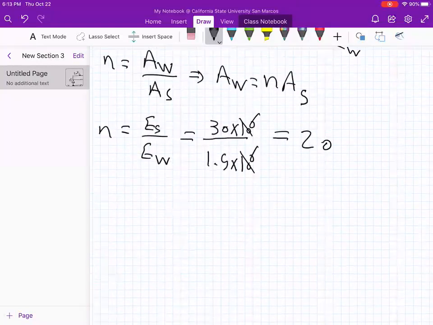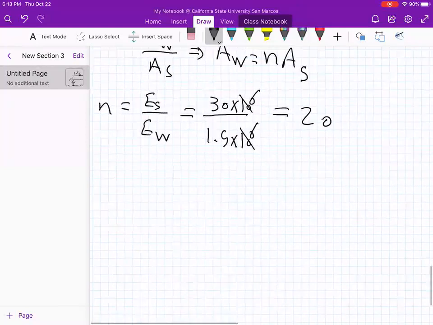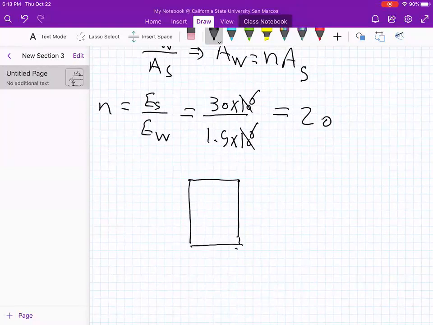So let me draw the figure again. This is the original wood. Let me write it in meters, 0.15 meter. This is 0.3 meter.